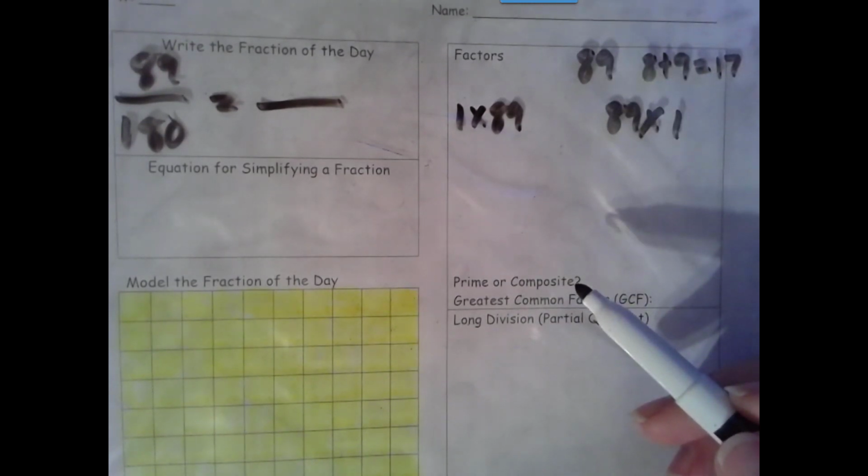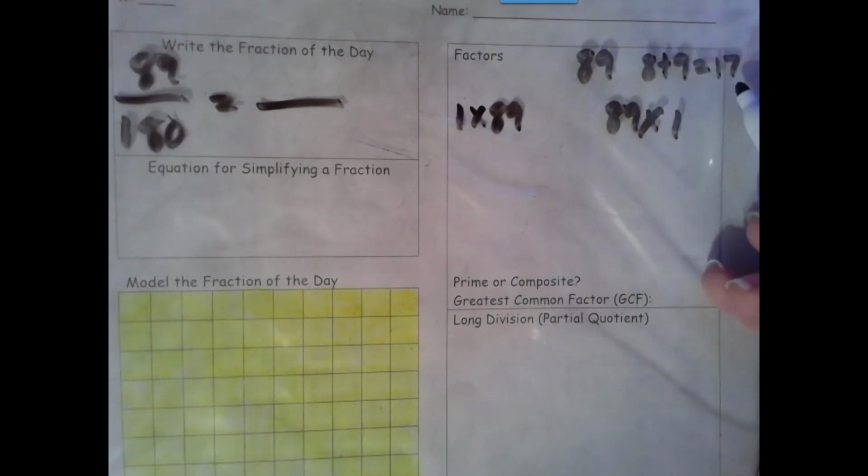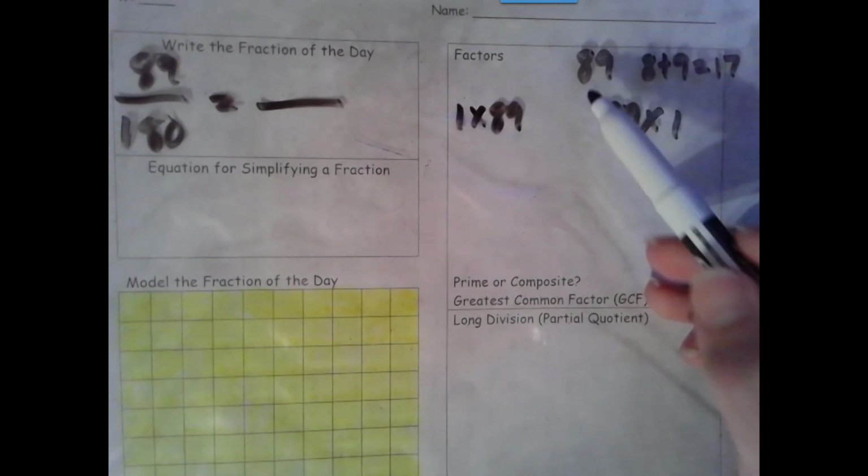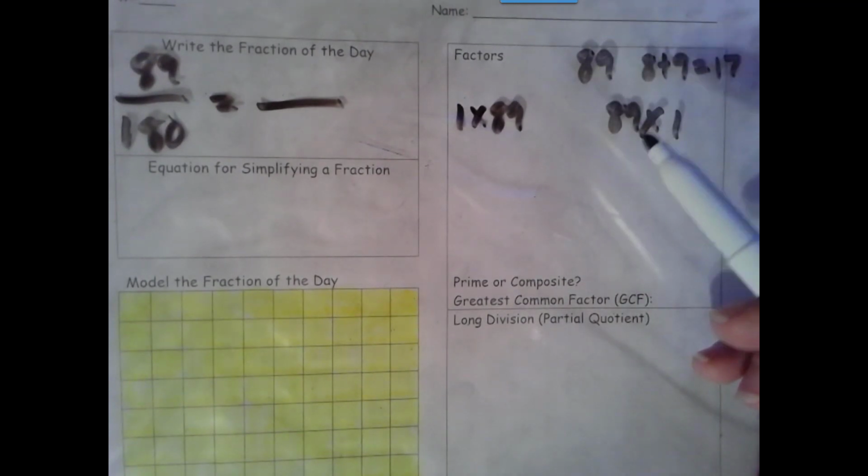We try 9. 9 has the same rule as 3, where we add the digits together. We get 17. 17 is not a multiple of 9, so 9 is not a factor. We try 11. 11 times 8 is 88, and then 99. 89 is not in that list, so 11 is not a factor.